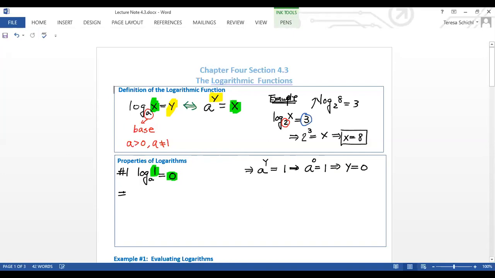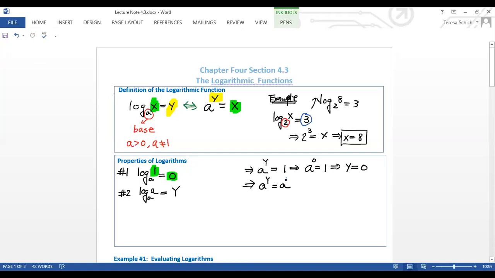Now let's take a look at number 2. If this is log base a of a, what is this value? Let me say this one is y again. Let's see how we get it. This is a to the y's power equal to a. What is this a?